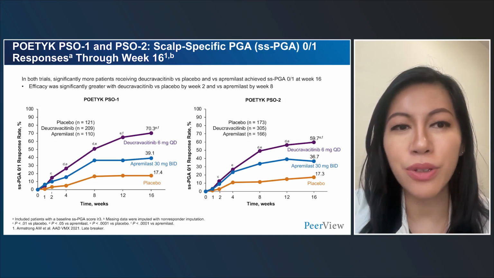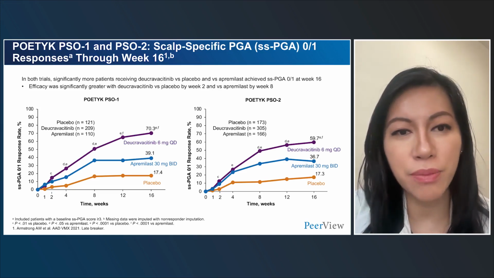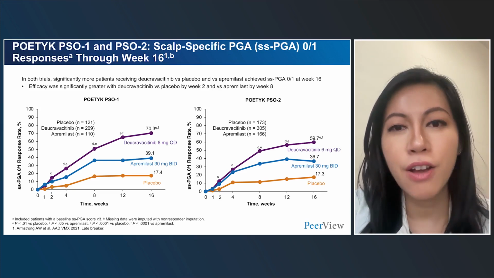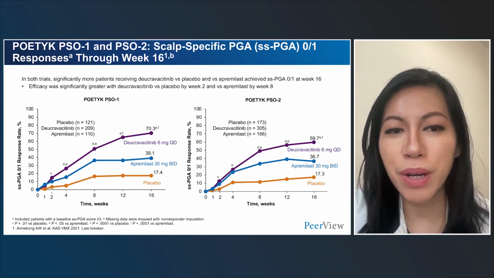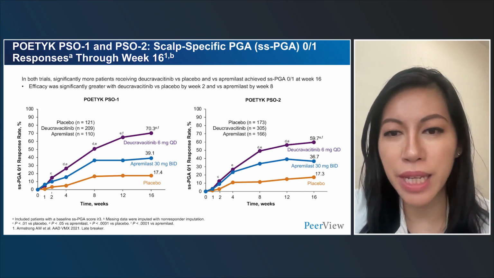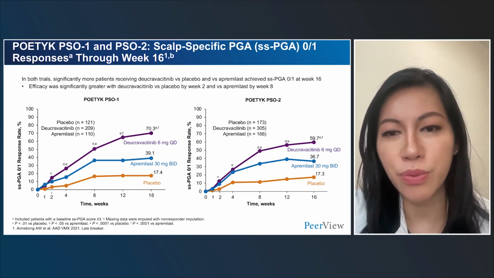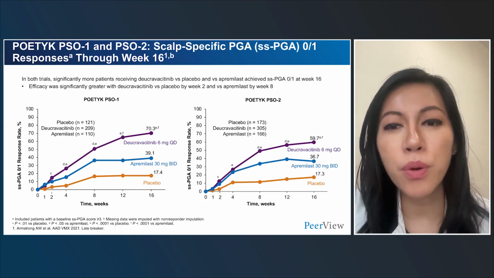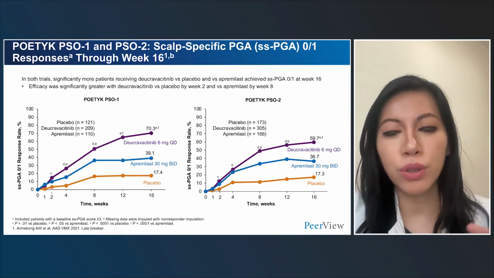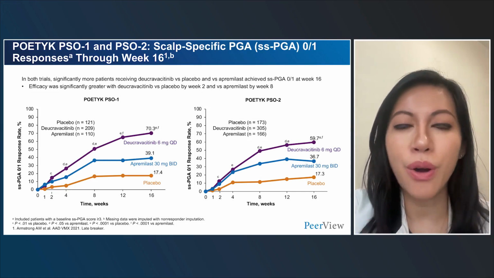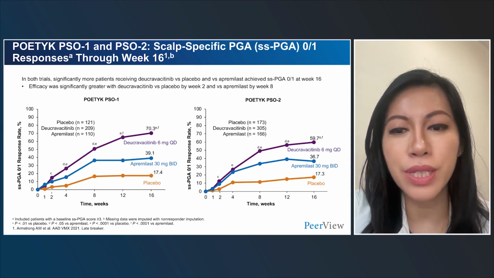So the question is, are there data for deucravacitinib, for our TYK2 inhibitors, specifically for the scalp? So let's think about our POETYK-PsA1, PsA2 studies again. So these are patients with generalized plaque psoriasis, but in this particular analysis, we're looking at a subpopulation who also have moderate to severe plaque psoriasis of the scalp.